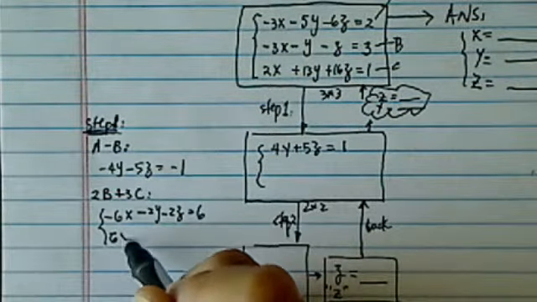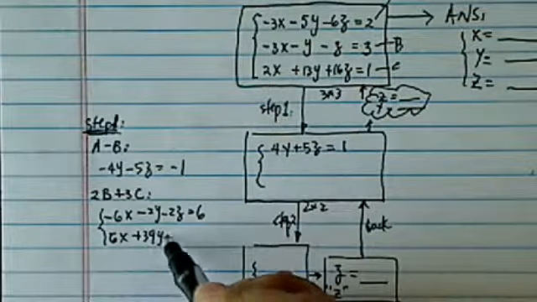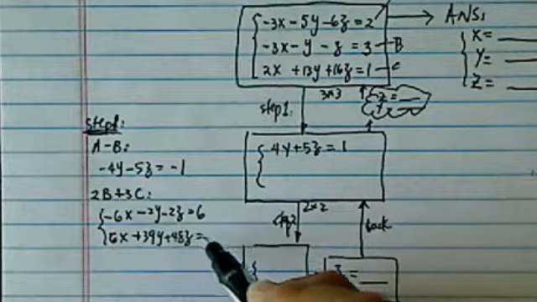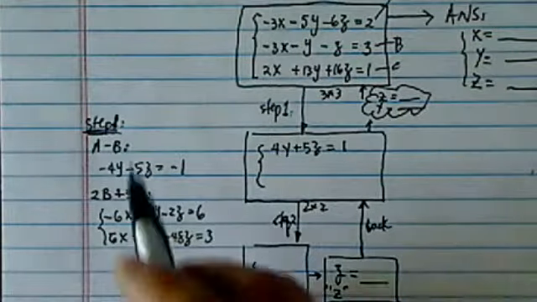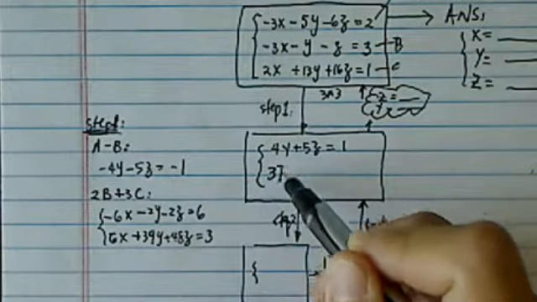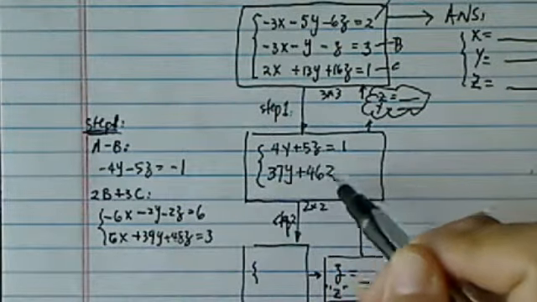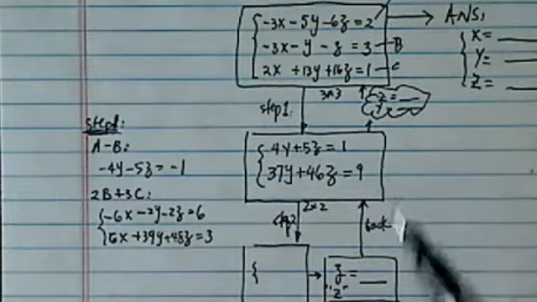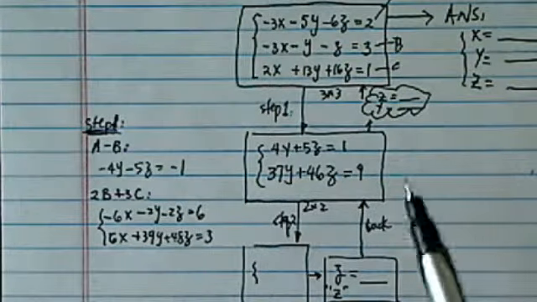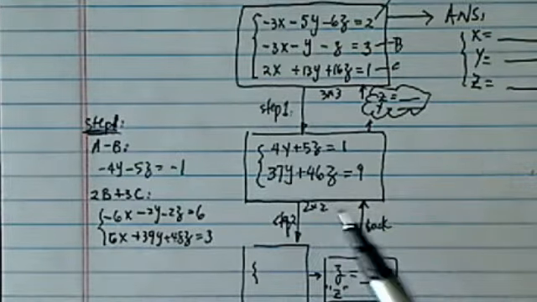And then I have 6x plus 39y plus 48z is equal to 3. So when I add those two, I get a somewhat unpleasant equation. 37y plus 46z is equal to 9. It's not pretty, but hey, I'm on the step. I got rid of the variable x, so I have 2 by 2 now.